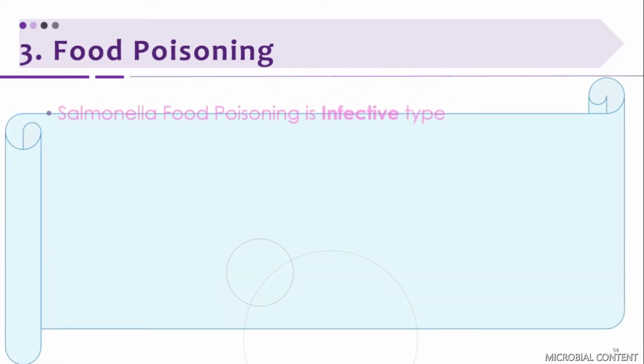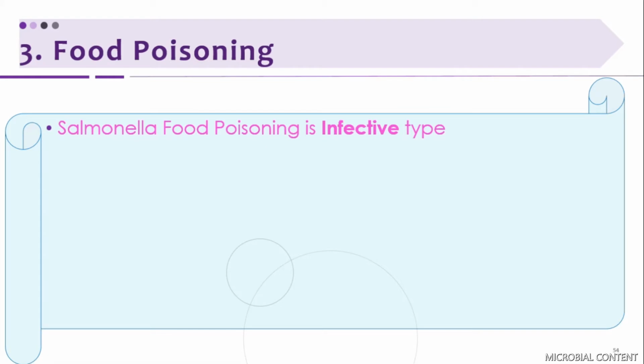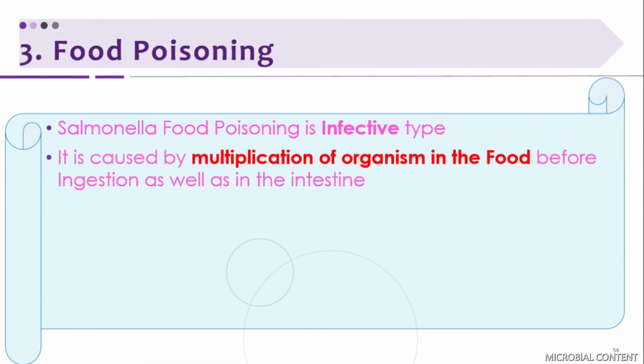Salmonella food poisoning is mainly caused by species other than Salmonella typhi. It is the infective type of food poisoning, where multiplication of the organism occurs in the food before ingestion as well as in the intestine.